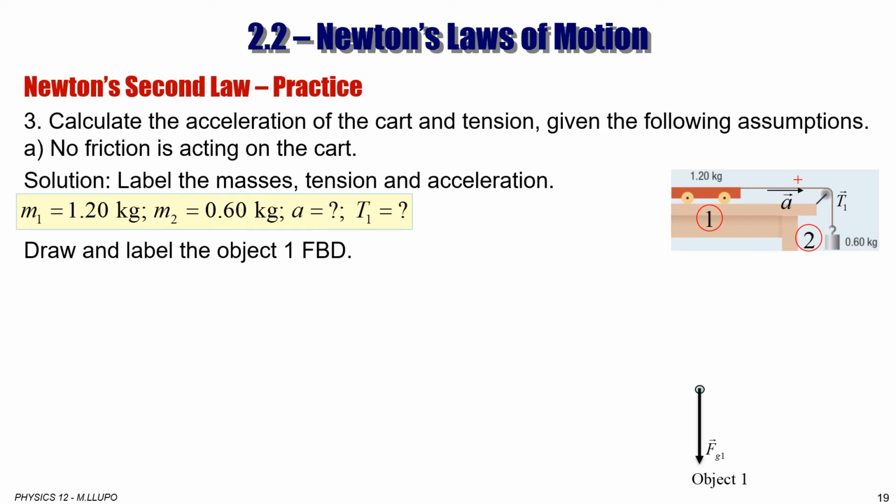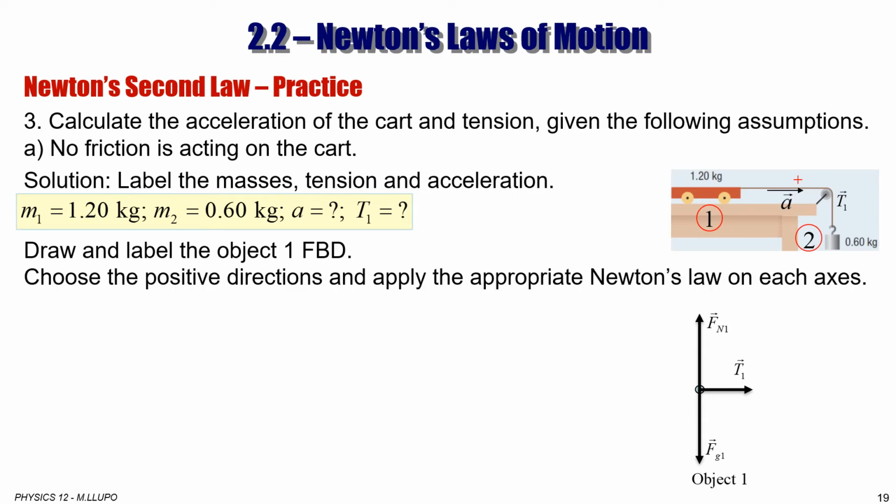So for object 1, there is a force of gravity. Label it Fg1. Make sure you don't forget that. There's a normal force acting on the cart. And there's a tension pulling the cart to the right, and that will be the positive direction.